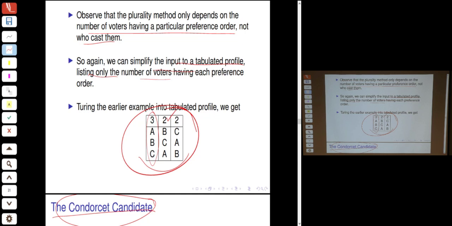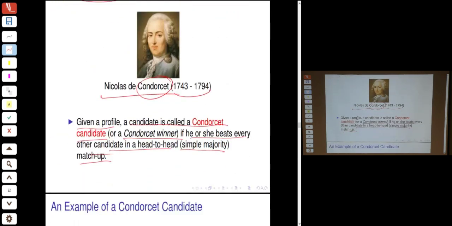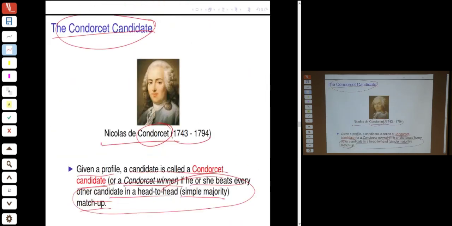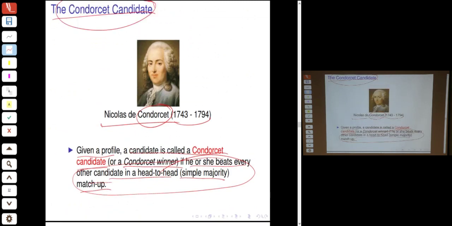For every pair of candidates, you can determine by the simple majority method who is the winner. And the Condorcet method is as follows: a candidate who wins a multi-candidate election by the Condorcet method, and therefore is called a Condorcet candidate or winner, beats every other candidate in a head-to-head matchup.